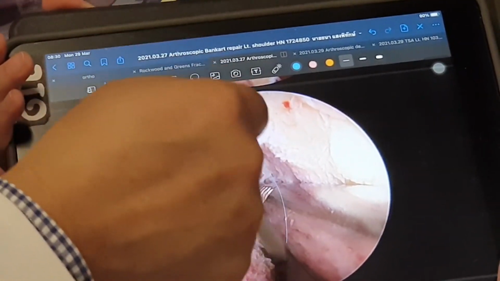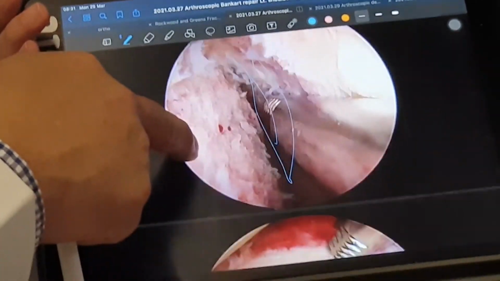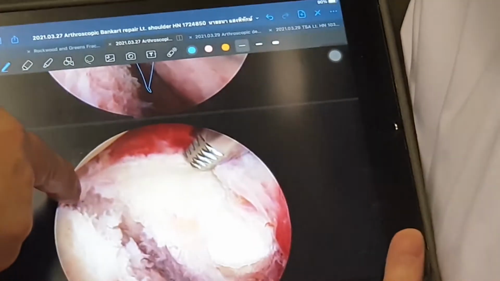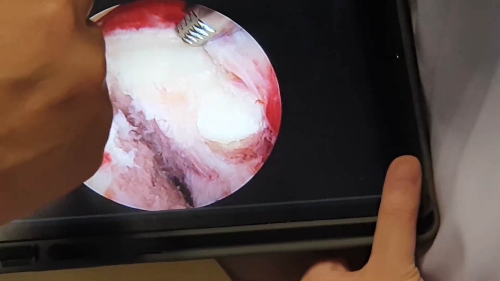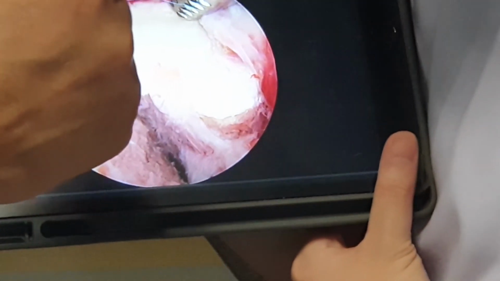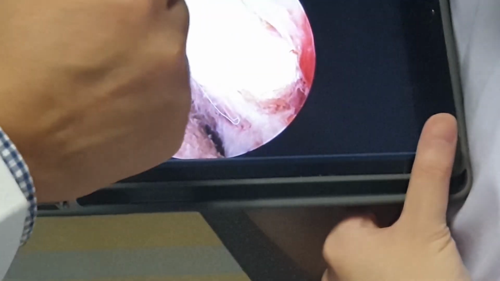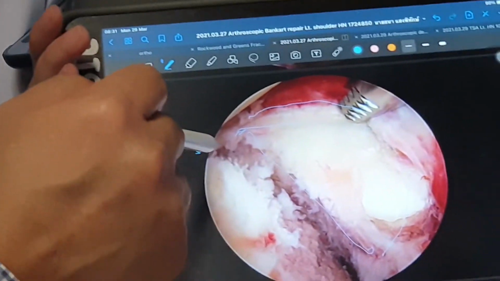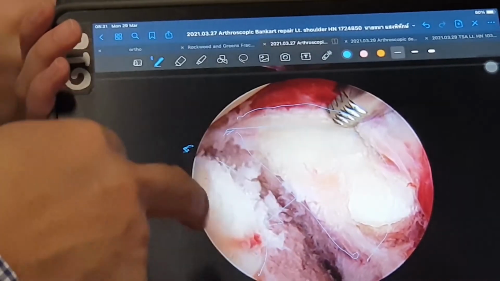You see, there's a broken bone, and this broken bone attached to the labrum. So when you have broken bone, you look at this. This is the bone. See, and you see this is the labrum. That's the bone. And there's a cartilage. You see, very big piece. This is 6 o'clock. So it's broken like this. So I need to reduce this back.